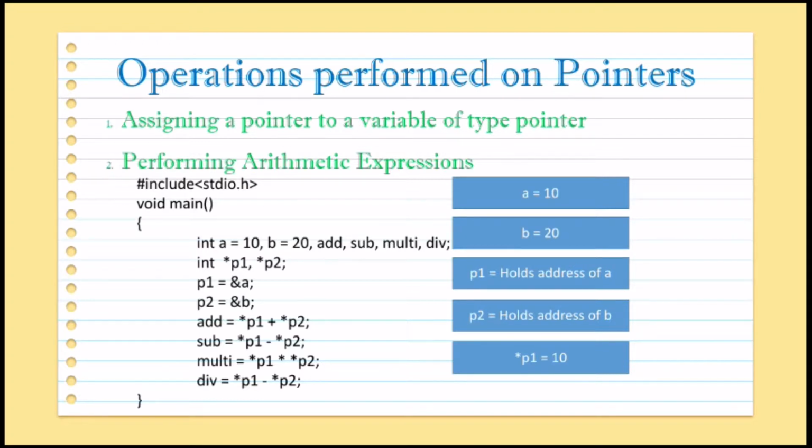So similarly, *p2 gives the value stored on that address. So on that address, the value which is stored is 20. So now 10 will be added to 20 and the result will be saved in variable add. Similarly, we can perform the remaining operations, that is subtraction, multiplication and division.